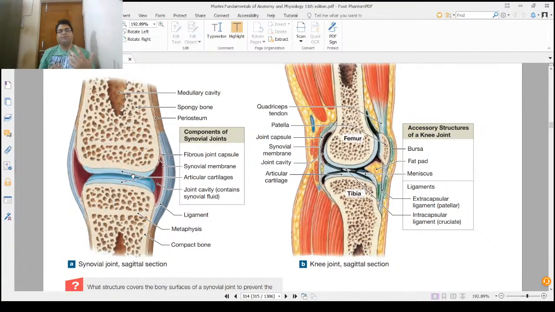You may have some fat pads also here. This cavity contains the synovial fluid, which is secreted by this 1 to 2 cell layer, the synovial membrane. And this is the fibrous joint capsule.